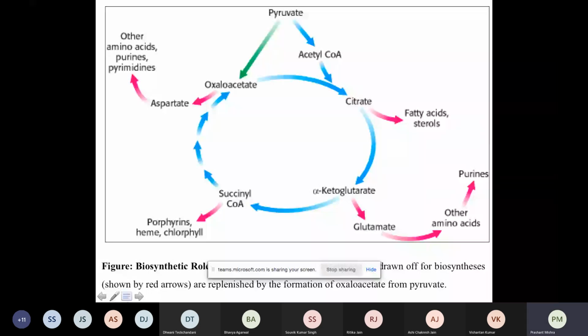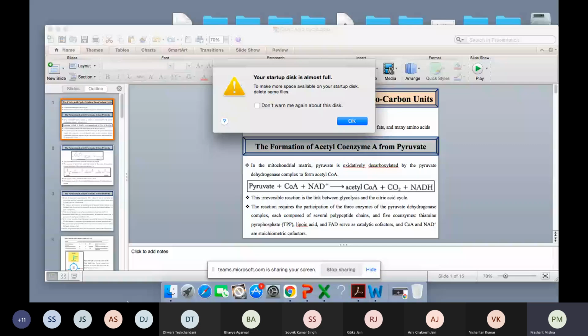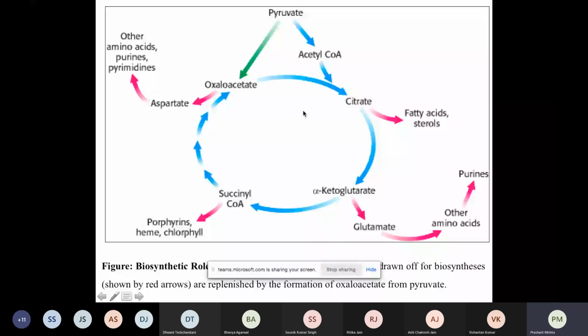So we can say that the TCA cycle is an amphibolic pathway, not only involved in catabolic reactions, but also in anabolic reactions. You see anabolic reactions like synthesis of fatty acids and sterols, amino acids and nucleic acids. You see other molecules like porphyrin, heme and chlorophyll being synthesized. So there are different steps where intermediates are being utilized.